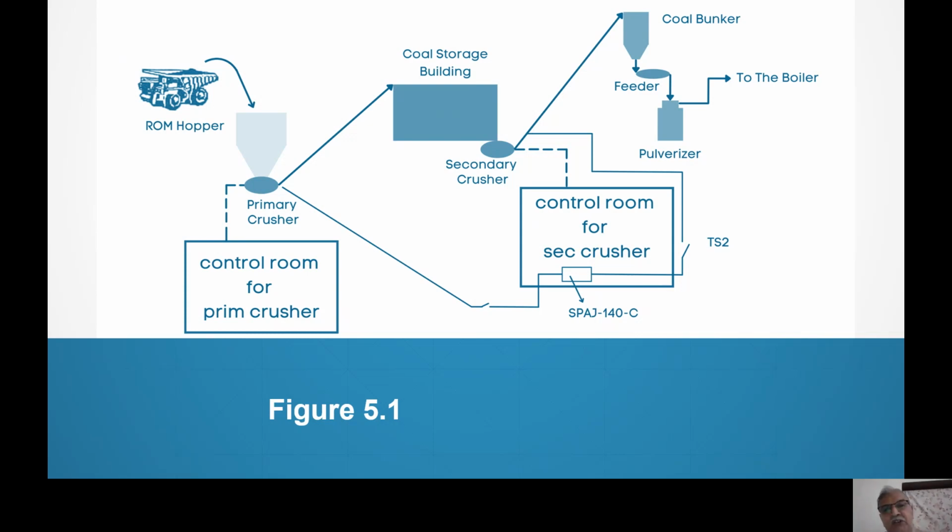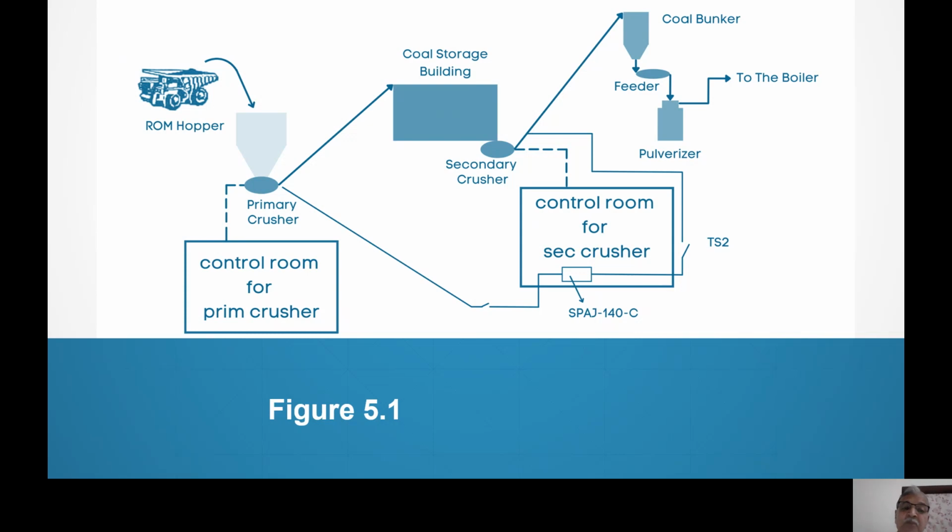Or the other way around, the secondary crusher goes off because of some trouble, and the primary crusher keeps on working. Therefore, it will prepare a heap of coal near the coal storage building. That will be inconvenient, and it cannot be handled by the secondary crusher afterwards.